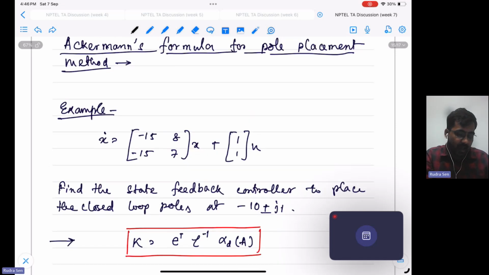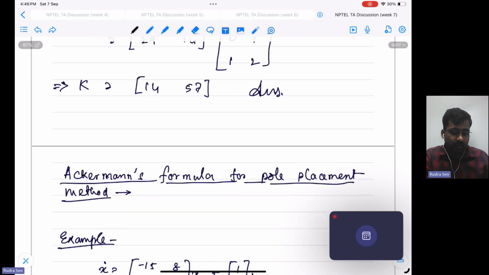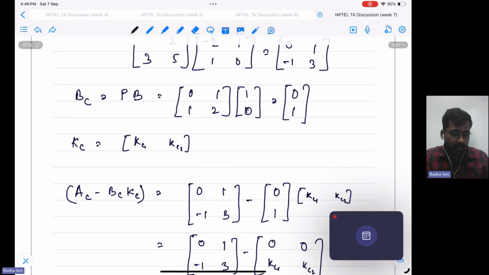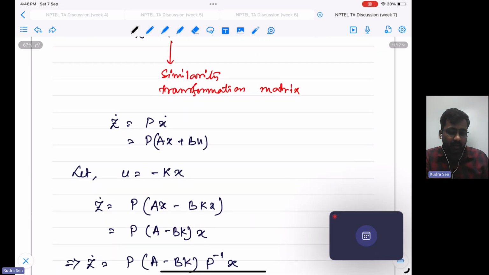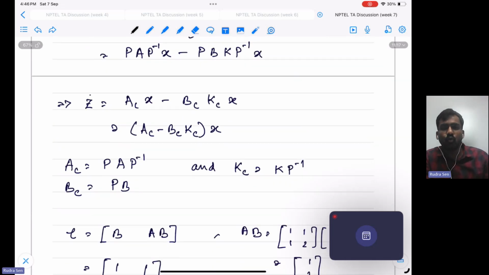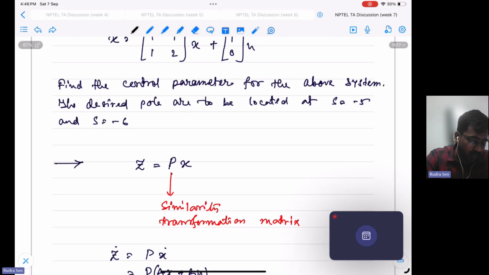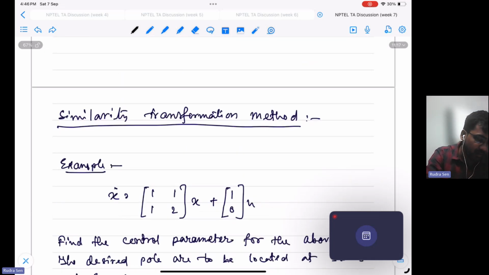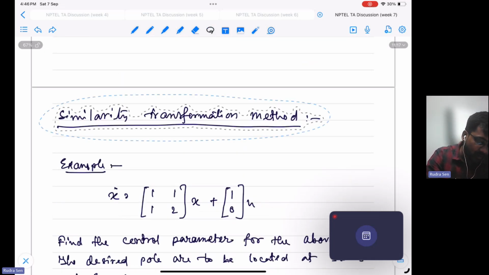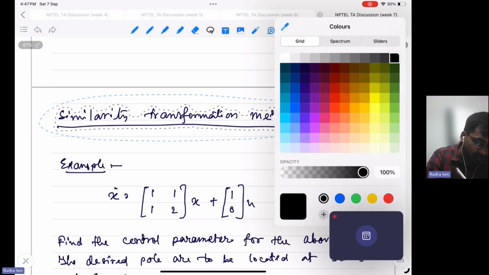So this is basically the Ackermann's formula. So all these formulas are basically equivalent. You can use any of the formulas if there is no particular mention of which formula to use. So if there is a mention that you should use the similarity transform, then you have to do it in this method. I just put it in red so that it is visible.